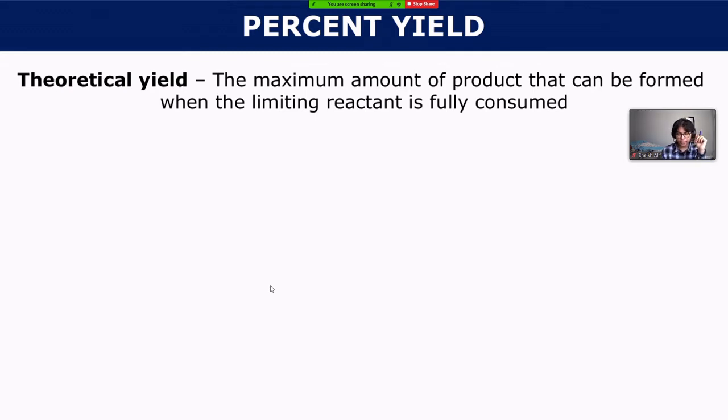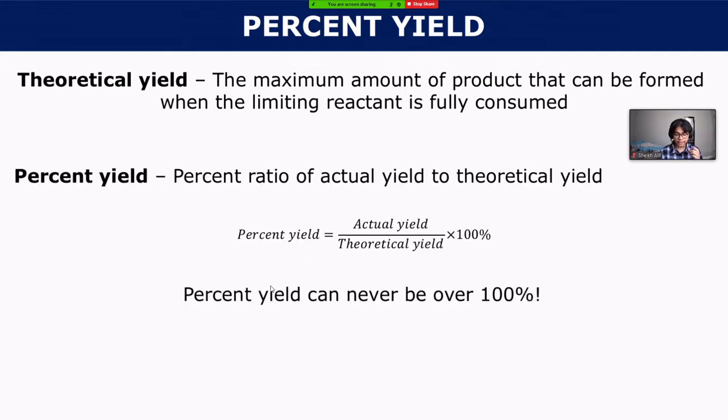Okay, so everything that we've basically been dealing with here is theoretical yield, which is the maximum amount of product that can be formed when the limiting reactant is fully consumed. But that's not what happens a lot of the times. 100% is theoretical yield, but percent yield is the percent ratio of the actual yield to the theoretical yield.